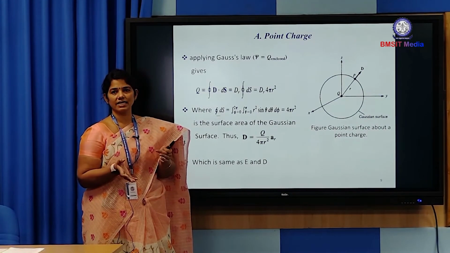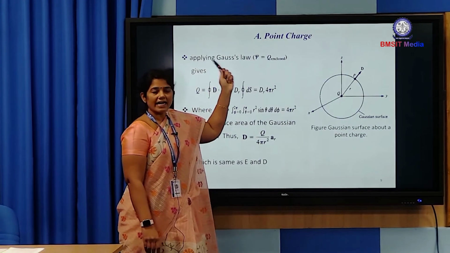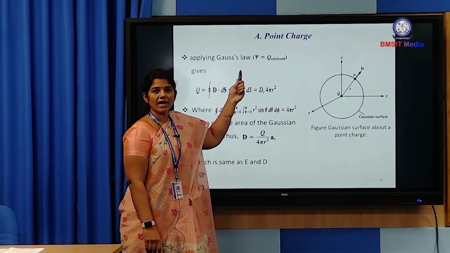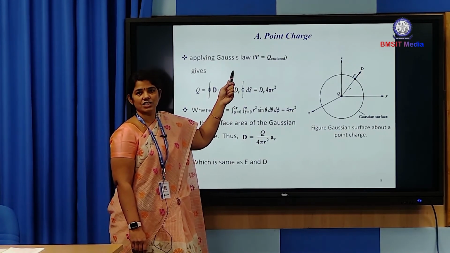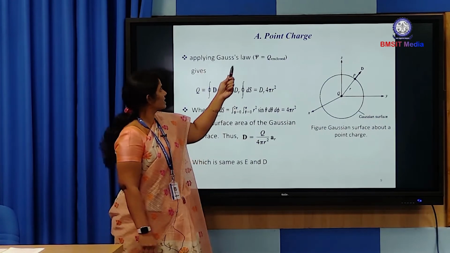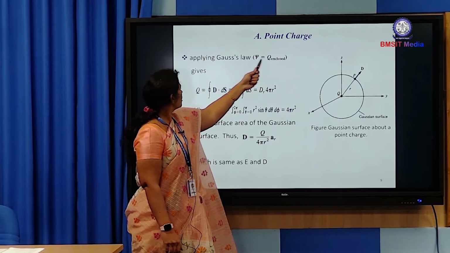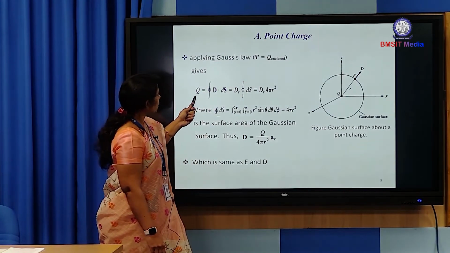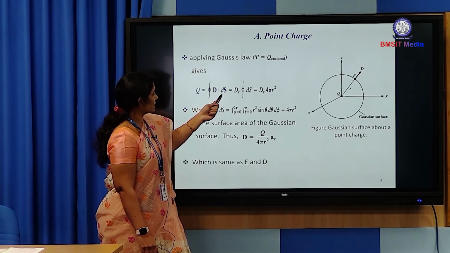Now that you have defined what D is, you can apply Gauss law. What is Gauss law? The electric flux enclosed by the surface is the same as the charge enclosed by that surface, that is psi is equal to Q enclosed. So Q is equal to the closed surface integral of D dot dS.